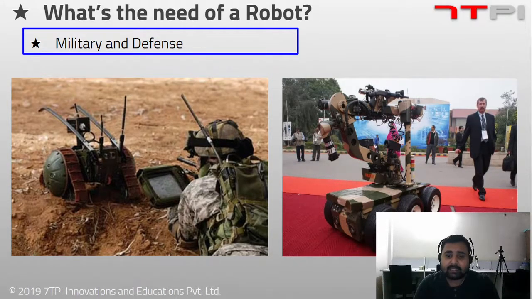So for those cases, nowadays a lot of robotic machines and drones are being used, and pilotless aircraft and artificial bombing airplanes are also there. That is how robots are playing a major role in the field of military and defense.